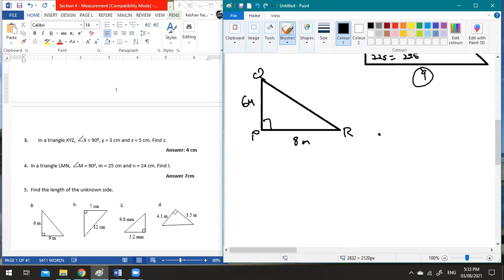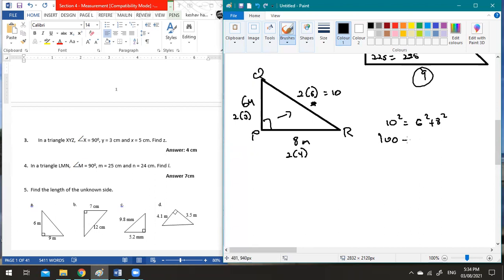Because this is a scale factor of 2, and this will be a scale factor 2 as well. So we could say this will be 2 by 5 to give us 10. If we want to work it out, since this is the hypotenuse, we'll say 10 squared is equal to 6 squared plus 8 squared.